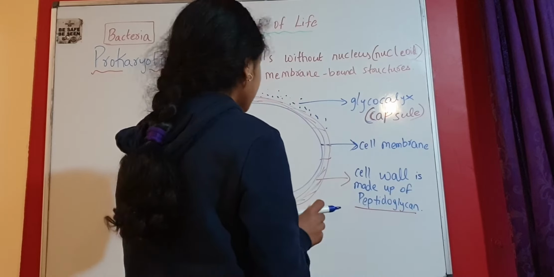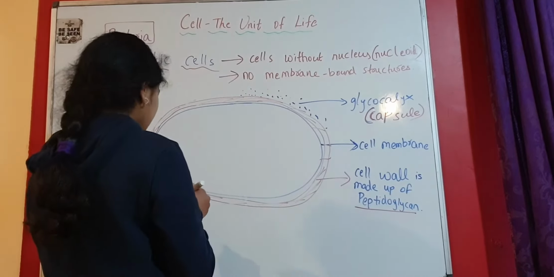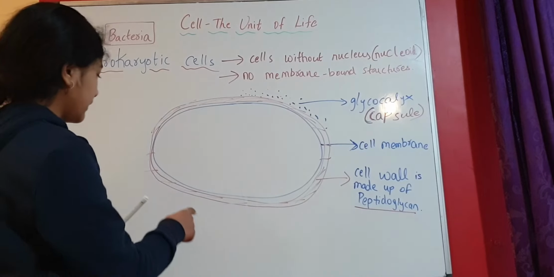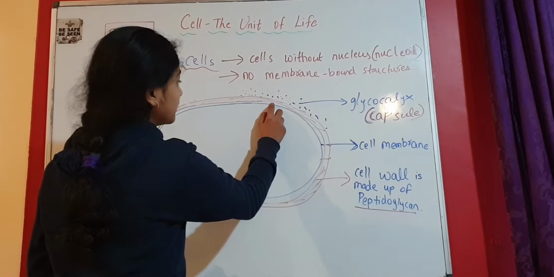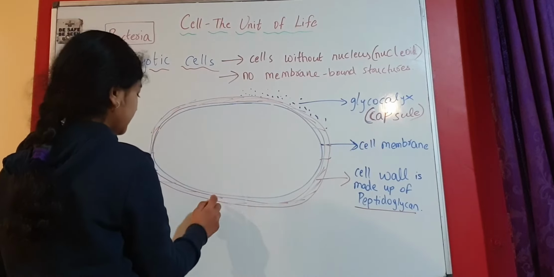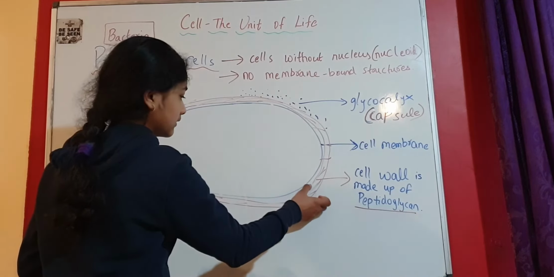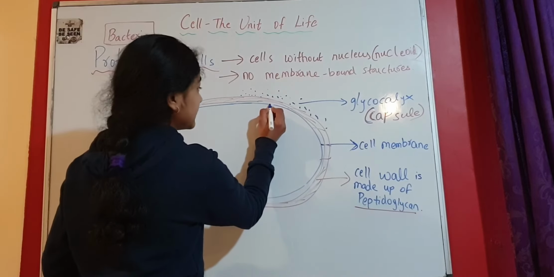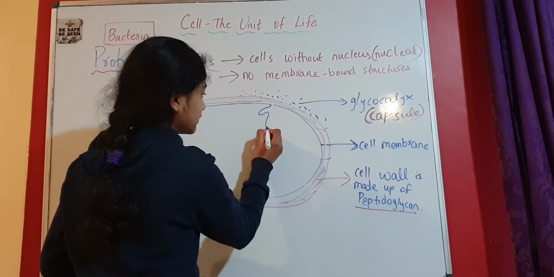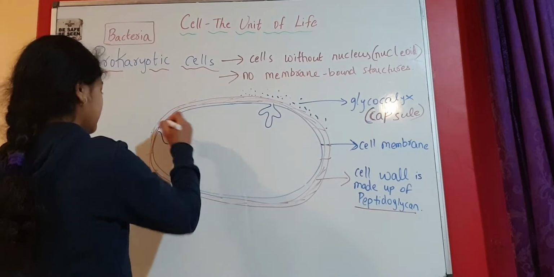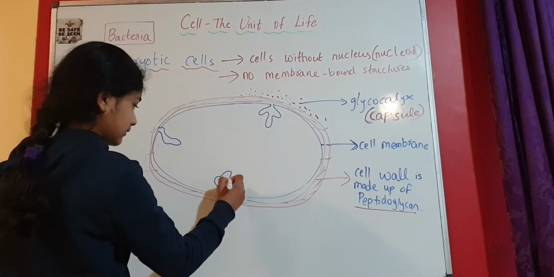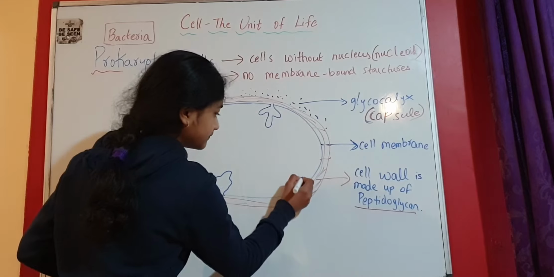Next, in some places of the cell membrane, so we have labeled the cell membrane. Here let's say, in some places the cell membrane is folded. So some infoldings are there, here as well, here and here.